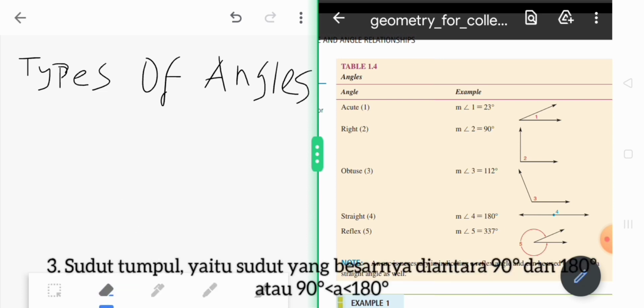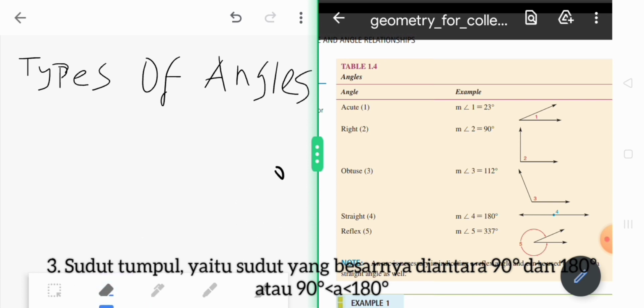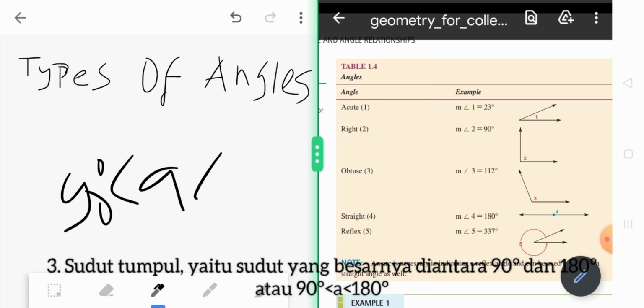3. An obtuse angle. An obtuse angle, namely an angle between 90 degrees and 180 degrees, or 90 degrees less than A less than 180 degrees.